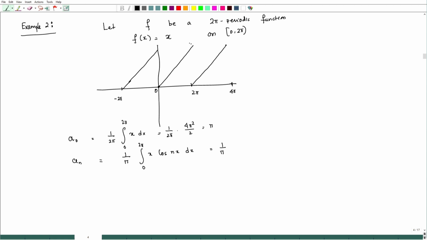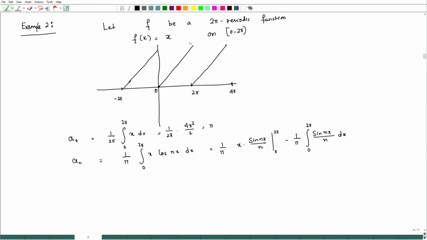Let us apply integration by parts. Integration by parts will give me x sin(nx) by n from 0 to 2 pi, remembering that n is not equal to 0, minus 1 by pi, integral from 0 to 2 pi of sin(nx) by n dx.